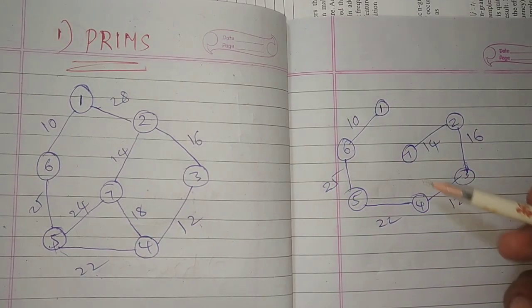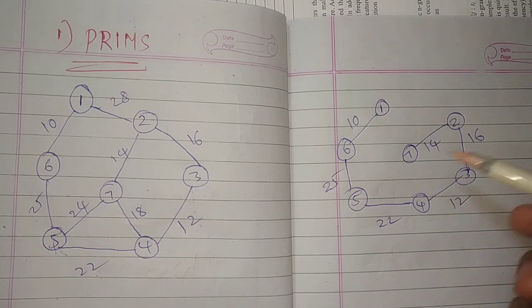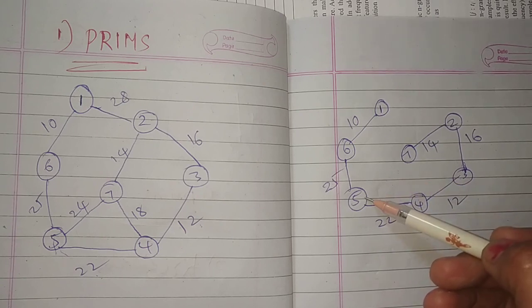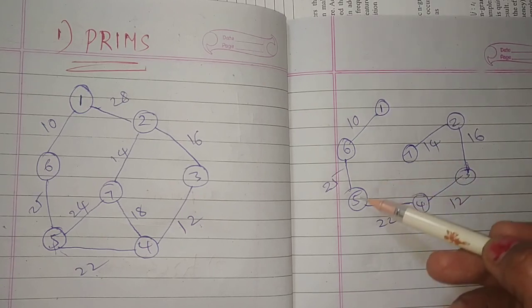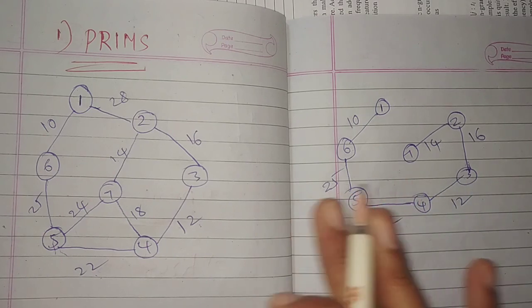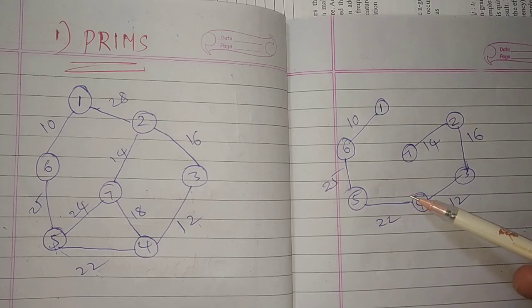Are you going to take 7 to 4? No. Why? You would get a cycle, so don't take it. Are you going to take 7 to 5? No. Why? Because you again get a cycle, so it is completed. Now this is a subgraph and this is what you call a spanning tree.